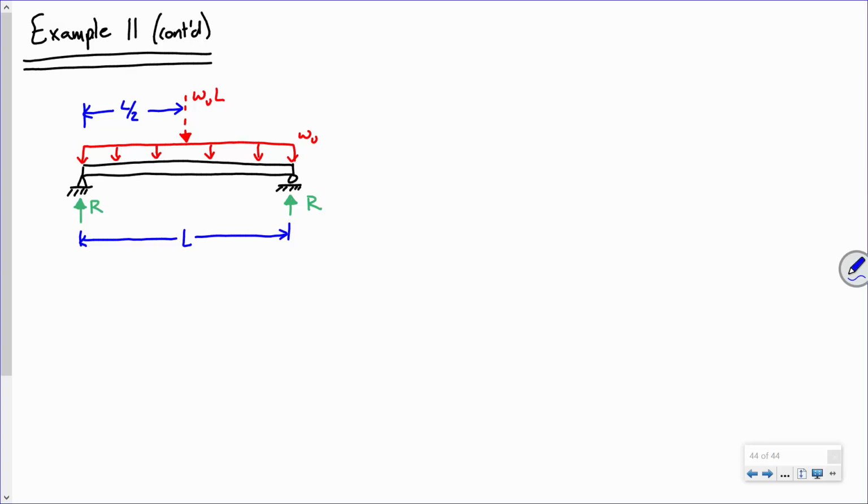All right. Sound good? So we'll call this A. We'll call this B. I could say reaction at A and reaction at B, but I think we all know that those are both going to be equal.